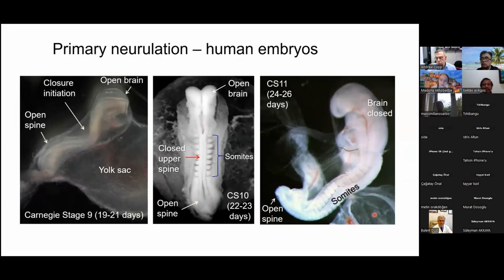And then we go forward again to Carnegie stage 11, so just a few more days, and now the brain is pretty much closed. And this is usually the earliest stage that we can obtain in our bank. But the posterior neuropore is still open, and the somites you can see have now marched downwards and have developed right down to some distance rostral to the posterior neuropore, and this is the pre-somitic mesoderm that's not yet segmented.